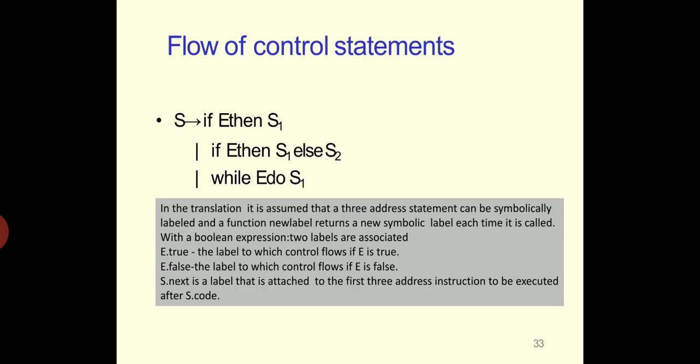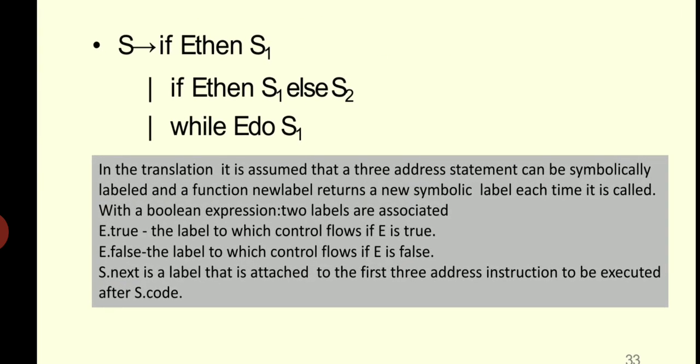In the translation, it is assumed that a three-address statement can be symbolically labeled. In the case of flow of control statements, the corresponding translation scheme holds some symbolic labels, and a function newlabel returns a new symbolic label each time it is called. Similar to the temp, there is a newlabel function which returns new symbolic labels.